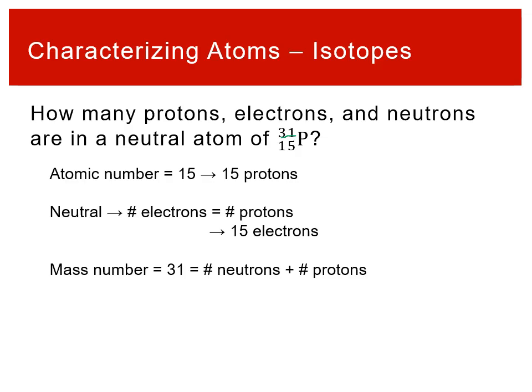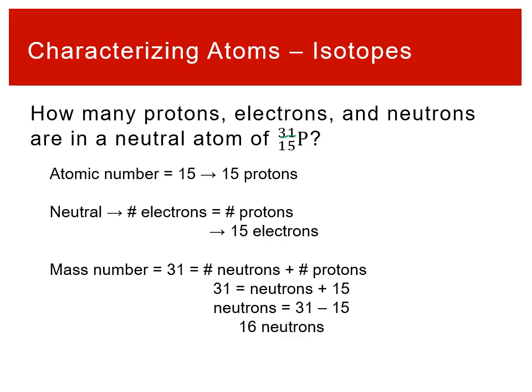Good thing we already figured out the number of protons was 15, so we can go ahead and plug that in. 31, that mass number, is going to be equal to neutrons plus 15. And so what that therefore means, do our algebra, neutrons is going to be 31 minus 15, which means there are 16 neutrons in this atom.